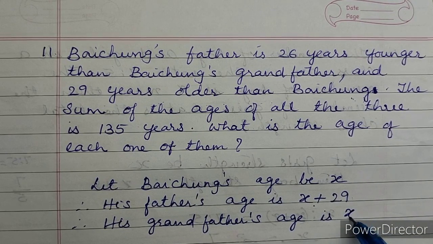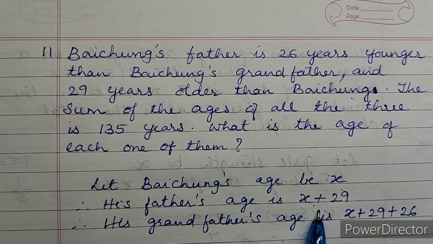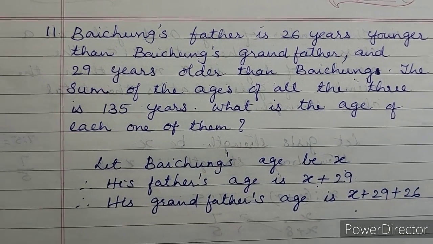So that means x plus 29, this is father's age, plus 26. So Baichung's age is x, Baichung's father's age is x plus 29, grandfather's age will be x plus 29 plus 26. So these are the three ages.